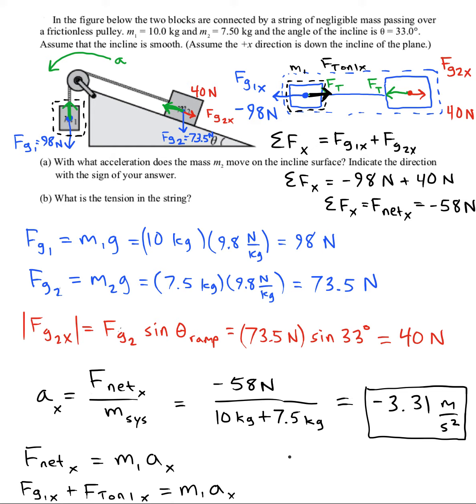Now let's plug in the different numbers. It's negative 98 for the Fg1x. Let's see, we're not going to know the force of tension. Now we want to use the mass just of block 1, so 10 kilograms.